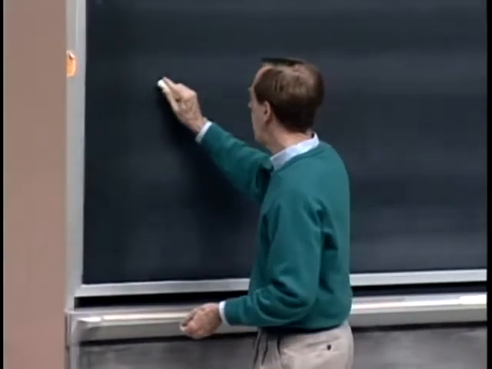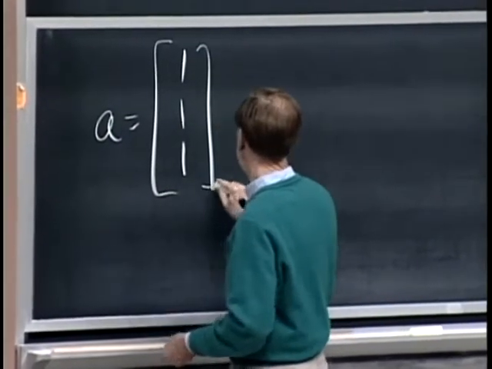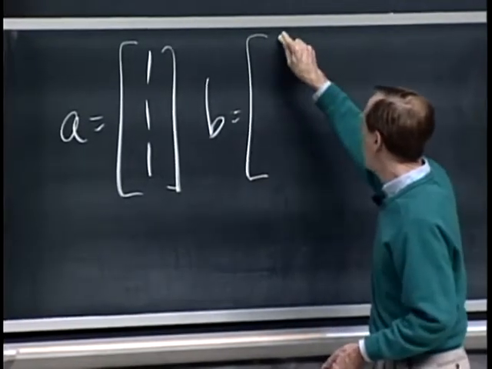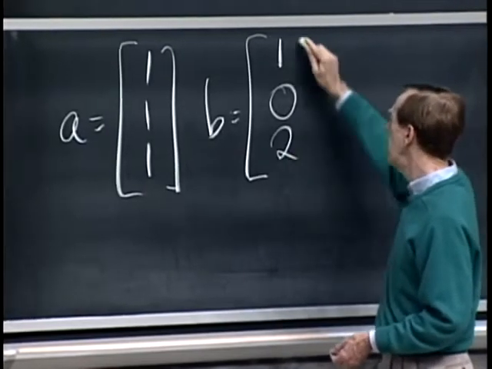So I'll take the vector A equals, let's say, 1, 1, 1. Why not? And B equals, let's say, 1, 0, 2.